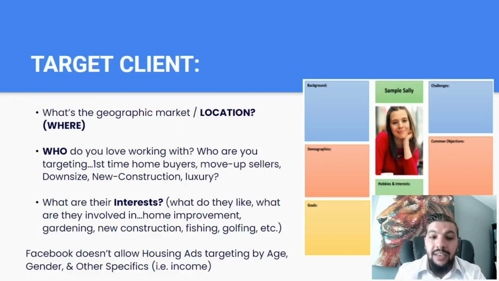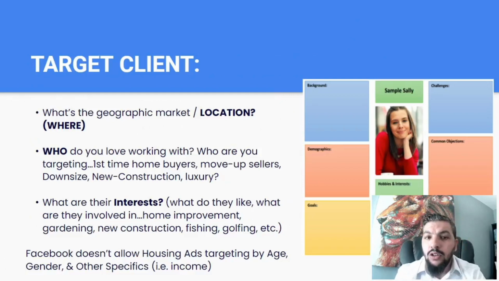What is it that they like? What are they involved in? Some examples might be home improvement, gardening, new construction, golfing, fishing. Maybe certain magazines they read, certain sports establishments in your market, certain places of interest in your market.